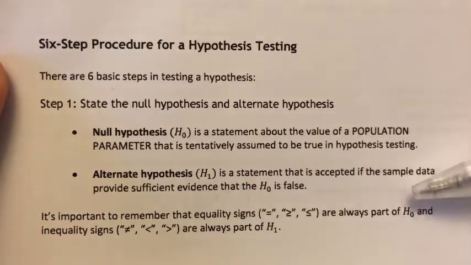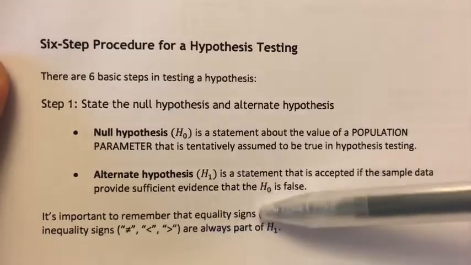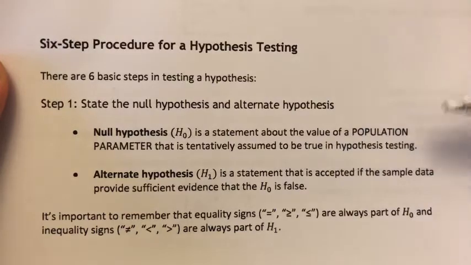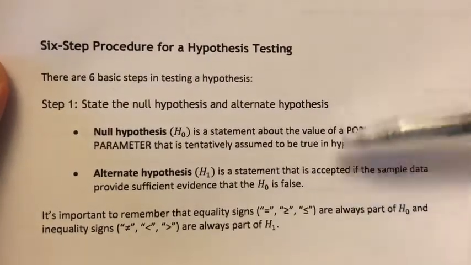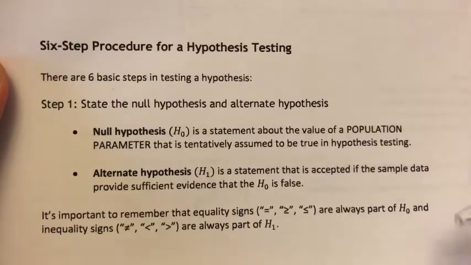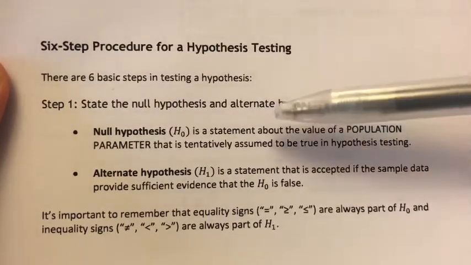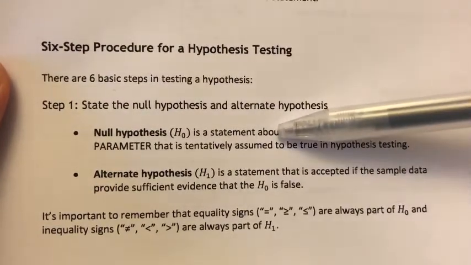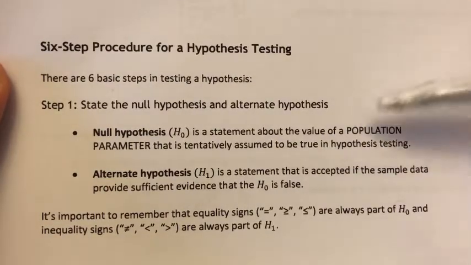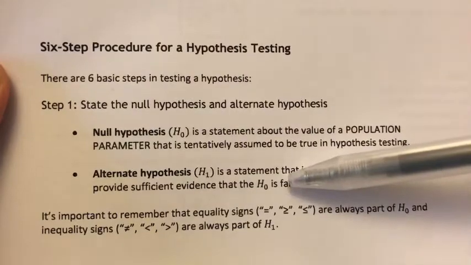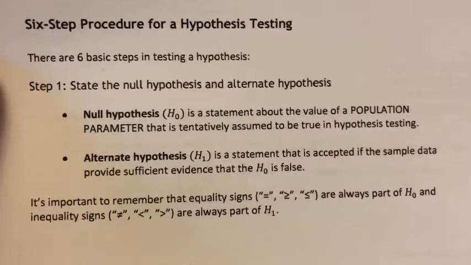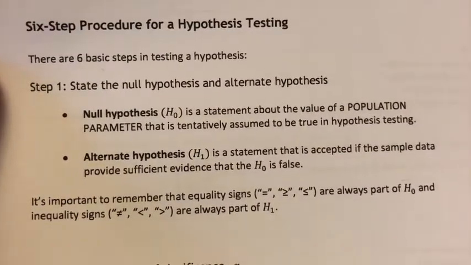In other words, if the sample data provide evidence that the null is false. At the end of the hypothesis testing, we have to accept either one of these statements. If we have evidence to support the null, we do not reject the null. But if we don't have evidence to support the null, we reject the null and accept the alternate hypothesis.